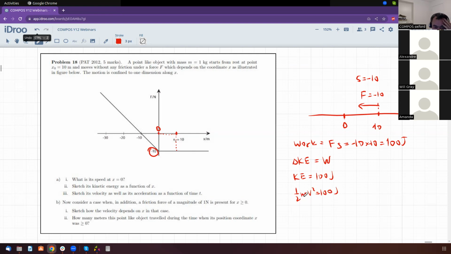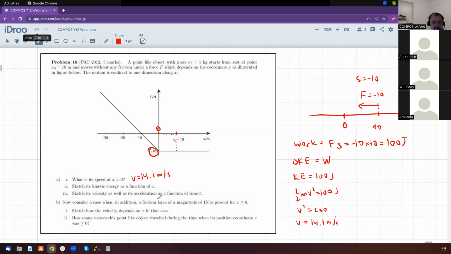So m is 1, so v squared is 200, so v is 14.1 meters per second.